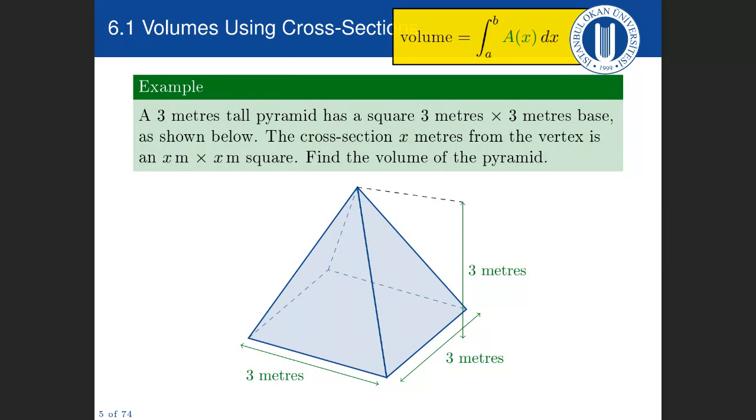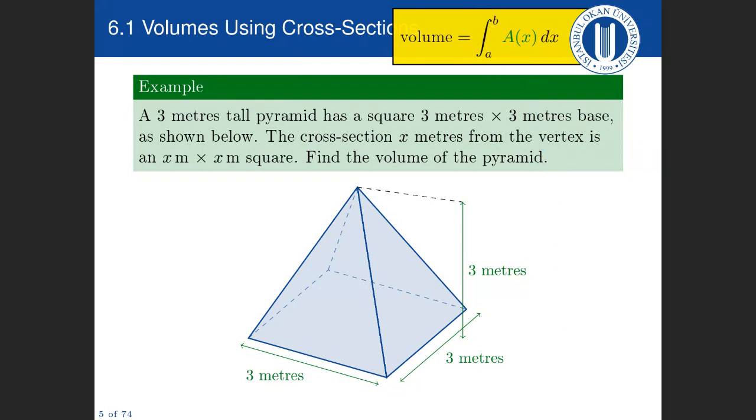Okay, we have our picture and we have our formula in the yellow box at the top. So we need to find two things. We need to find the cross-sectional area A(x), and we need to find the limits of integration. And then after we've done those, it's going to be an easy problem.